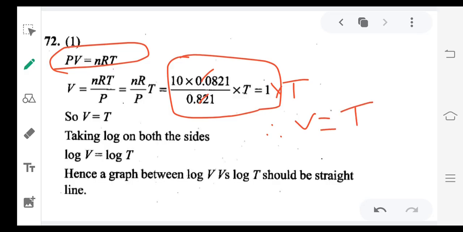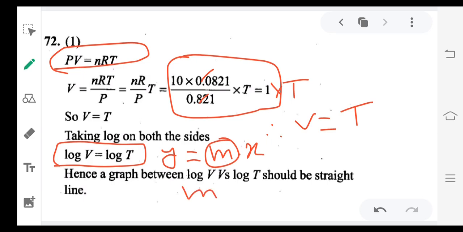So V = T means if you apply log on both sides, because in the graphs they are given in terms of logs, log V = log T. Suppose you take log V as Y and log T as X, then Y = mx. Here m is equal to 1, so the slope must be equal to 1.